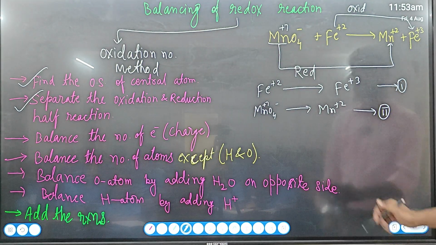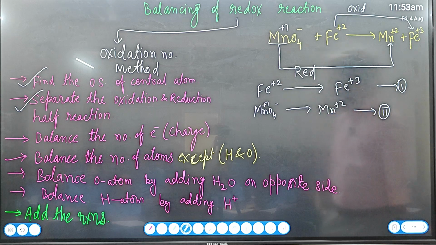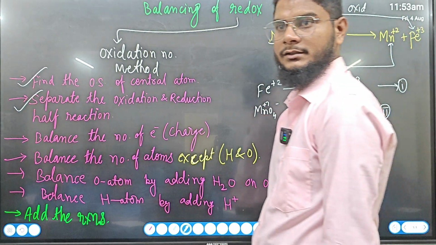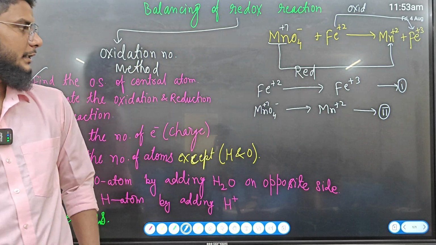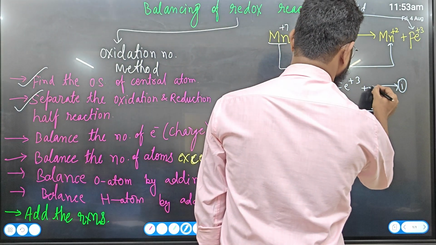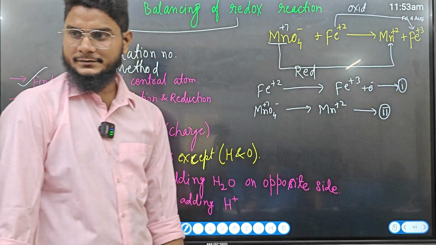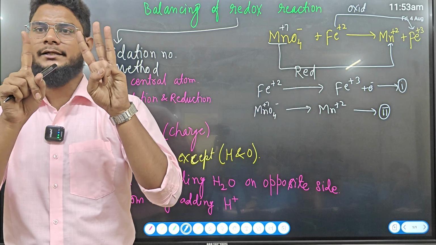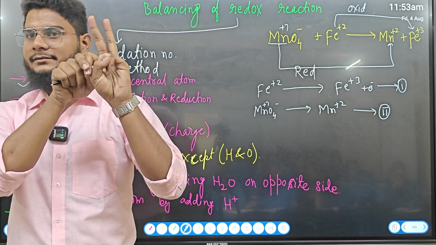Here the charge changes from plus 2 to plus 3. So you have to add one electron on this side, right? Yes, because you have 3 positive charge, you are adding one electron. That electron will neutralize the positive charge.